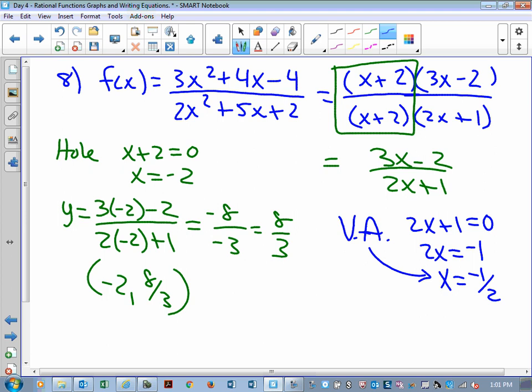I thought that was the excluded values though. The excluded values are either holes, x coordinates of the hole, or vertical asymptotes. Okay, so what do we write there? I'll get to all that later. I'm not doing that right now.